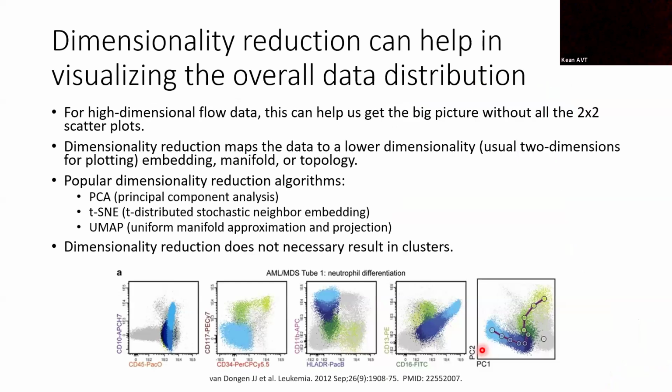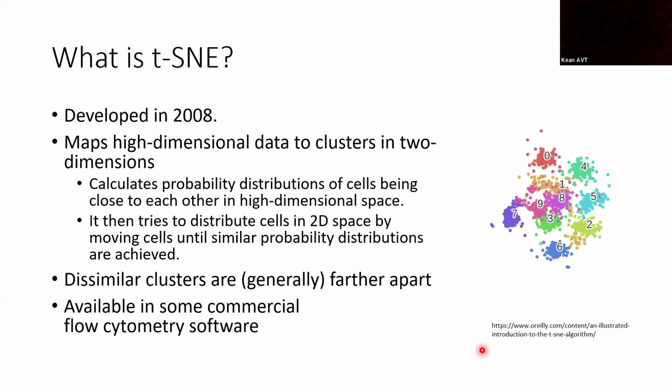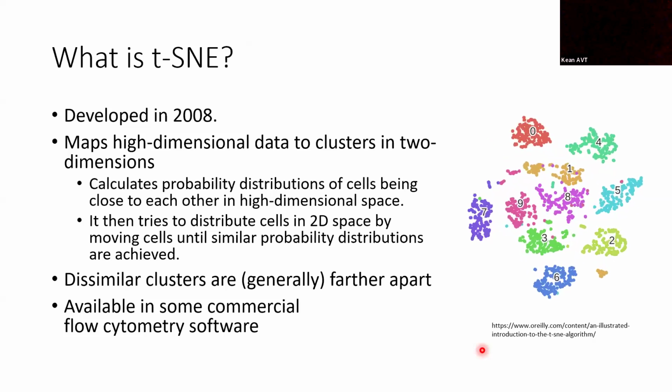I won't go into this too much because I think most of the people in this audience are very familiar with t-SNE and UMAP and so forth. One thing just to note is that dimensionality reduction is not the same as clustering. So sometimes people get that a little confused. So t-SNE was developed in 2008.